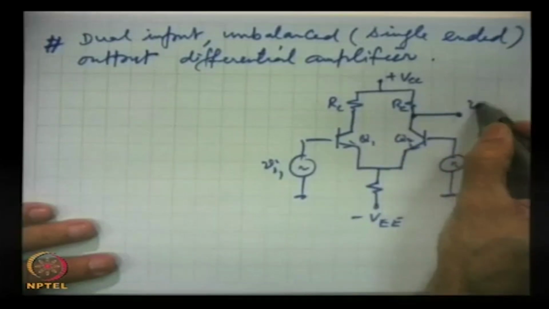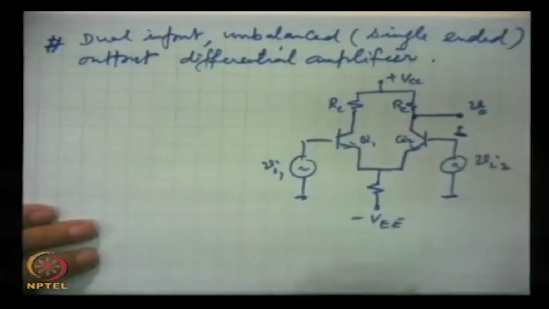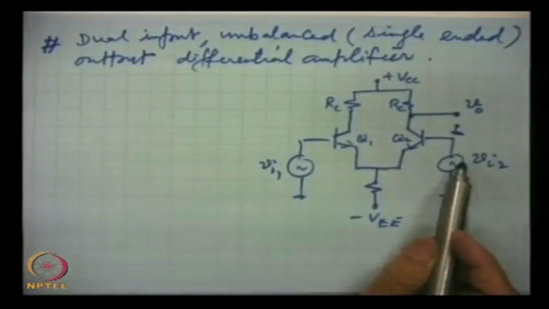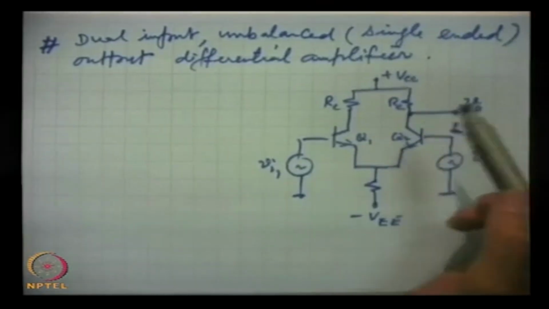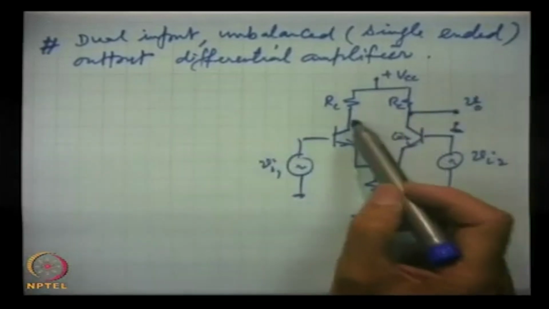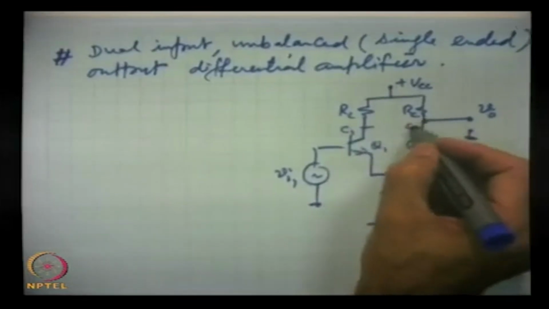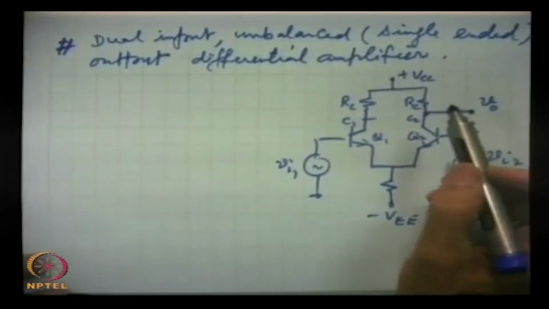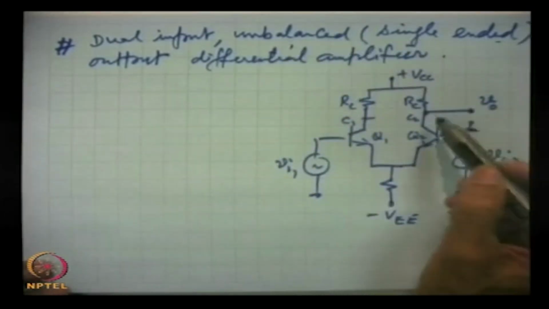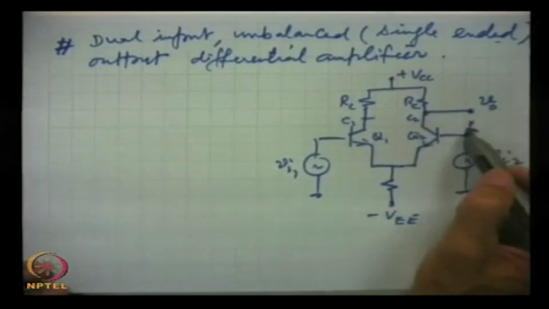This is V out with respect to ground. We are applying two inputs, and in the previous case, the balanced output, we were taking output at the two collectors C1 and C2. Now, only single ended, unbalanced.